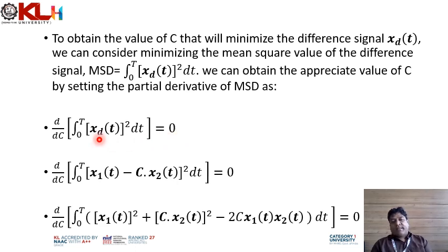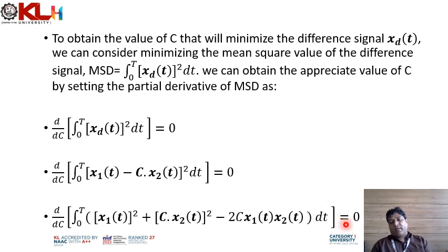Now what is the value of xd? It is x1 minus C x2, and we have the square here. Therefore, using a minus b whole square, we get a square, which is x1 square, plus b square, which is C x2 whole square, minus 2ab, which is minus 2C x1 x2.